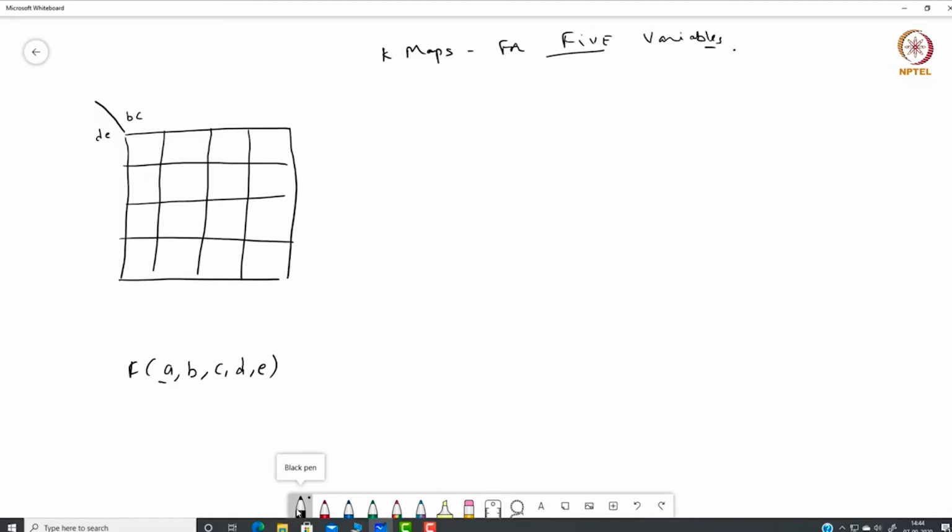And then each cell we divide into a lower triangle and an upper triangle, and for A we write 1 on the upper triangle, 0 on the lower triangle. This way we are going to divide each of the cells into 2 parts.